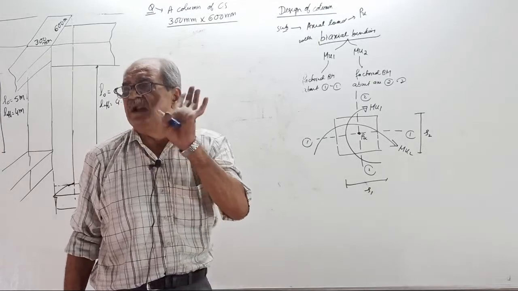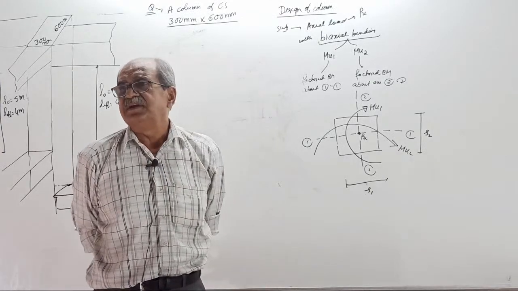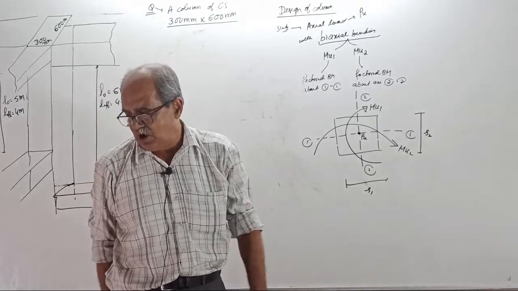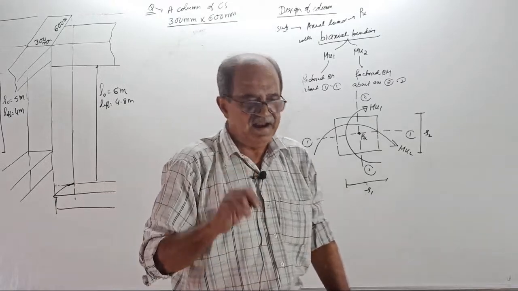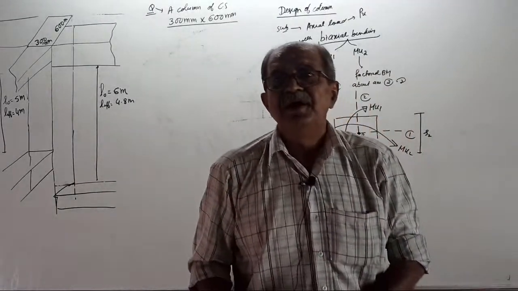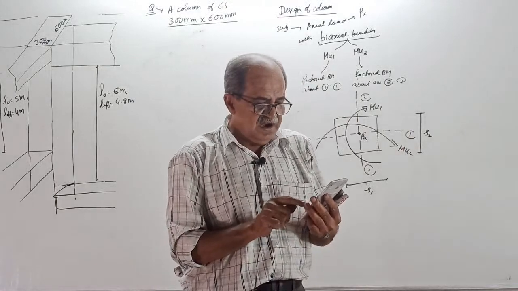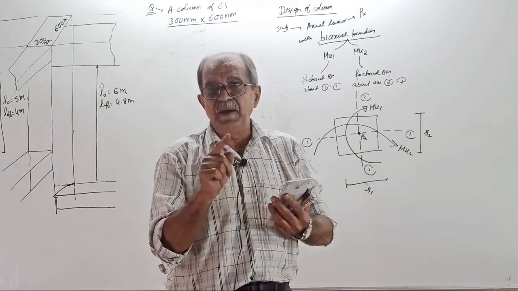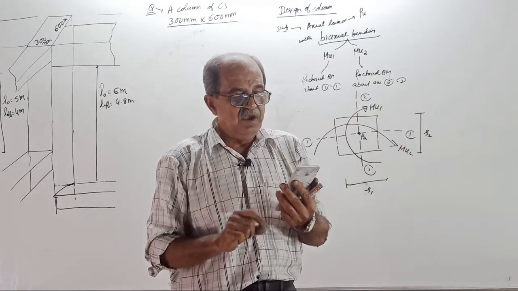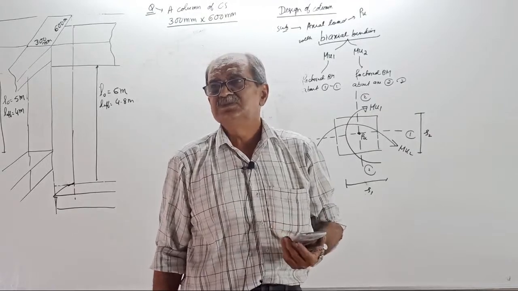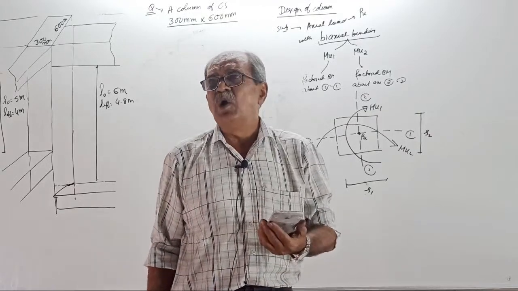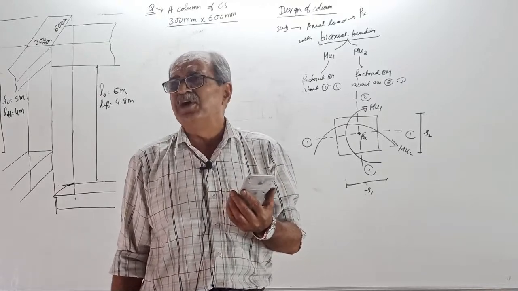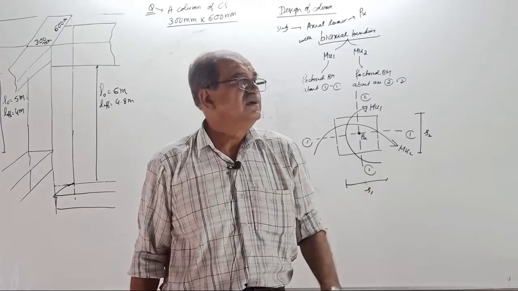If I take 200 millimeter, then for the d dash by d value in SP16, the interaction diagram is not there, because if you take 25 mm diameter bar, then 40 plus 12.5 is effective cover, divided by 200, it gives you 0.2625. Means your d dash by d is above 0.25. Okay, 0.25 you can make, but 0.2 is not correct.